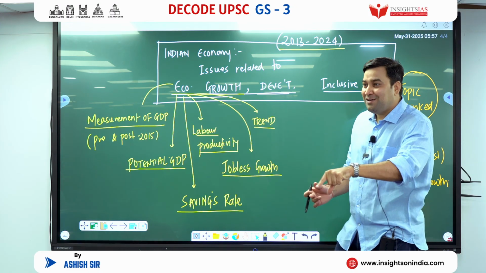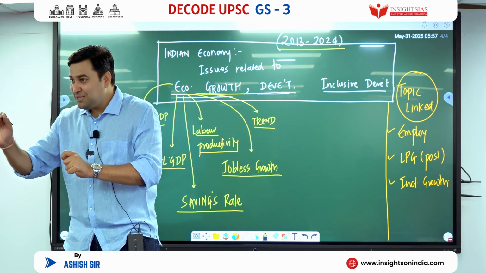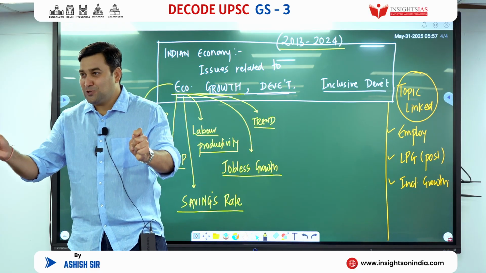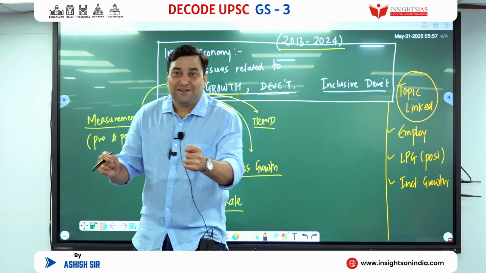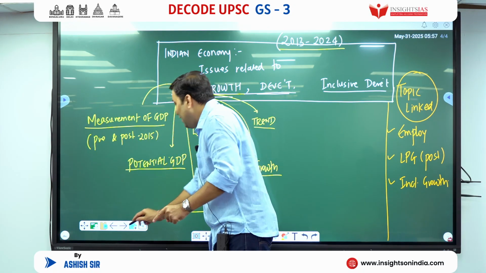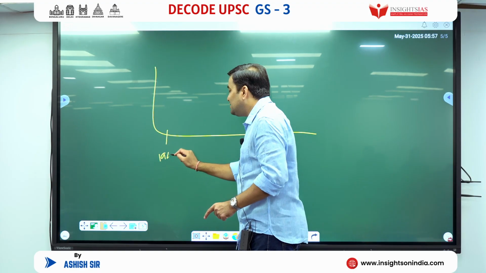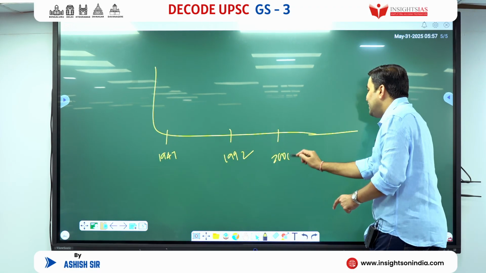What is the reason for the increase in GDP at constant inflation? That means we are successful with respect to fiscal reforms and monetary policy also. We have to analyze this issue and tell the trend. When I'm telling the trend, I have to include various bar graphs and pie charts, from 1947 to 1992, and then 2000 till 2025.